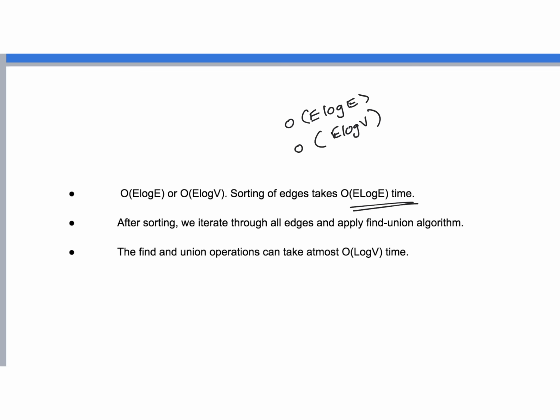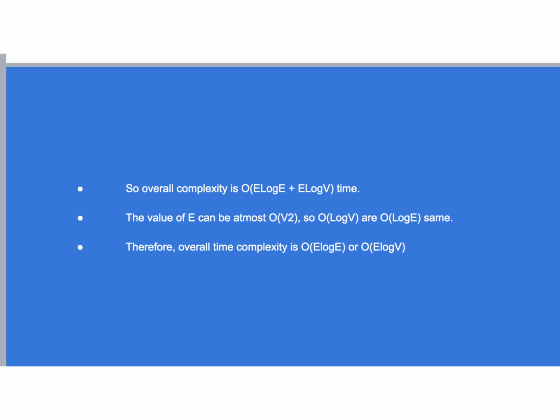The find and union operations can take log V time in this case. Why? Because at each step we're dividing the vertices, so that's why we have the log V here. So the overall time complexity is, we have to add these up, E log E plus E log V.